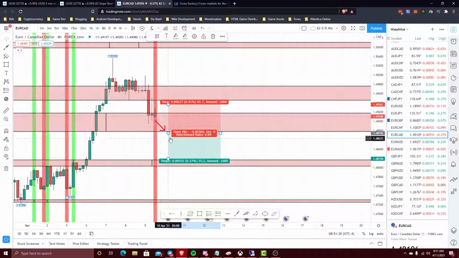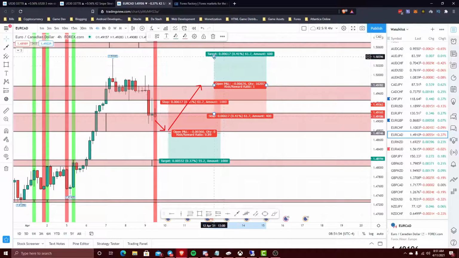It may continue to go down here, because like I said, we just received that bearish candle on the 9th. But it may be a false breakout, well, it may be a false signal, I mean, and it just may continue to go up instead. And if it gets up to this point, then I'll take that long. And that's a pretty good amount of pips right there. That's almost 80 pips.